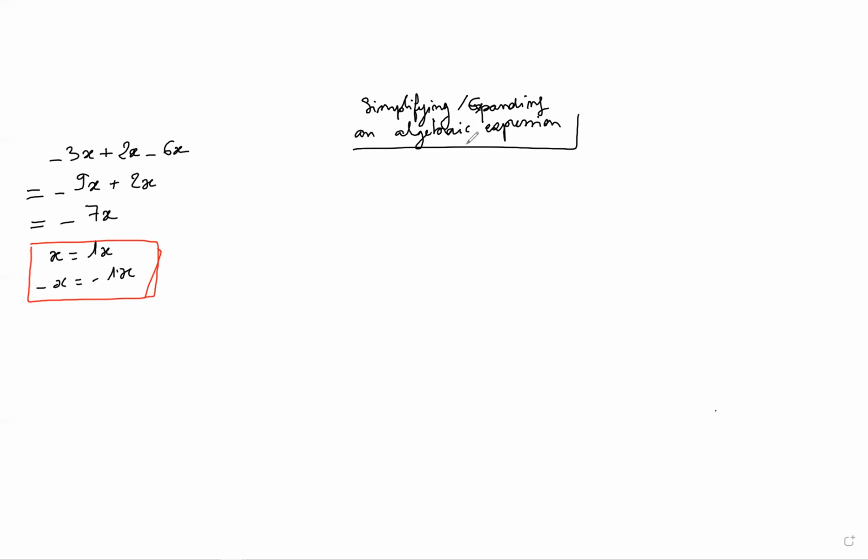And then if I want to do the same thing with x squares, it will be the same technique with x squared. If you're unsure about this, write that minus x squared is minus 1x squared and plus x squared is plus 1x squared.